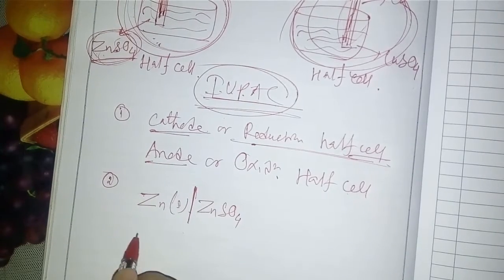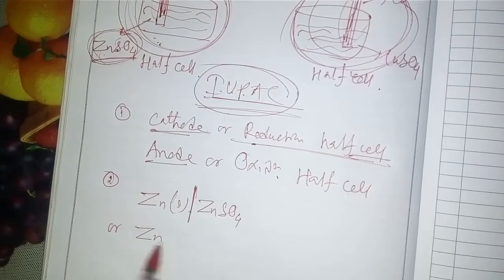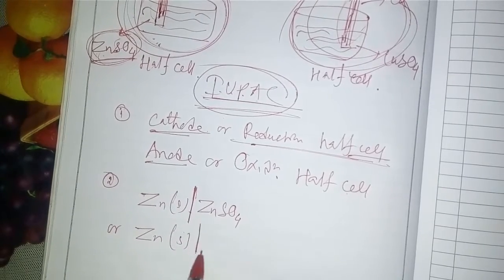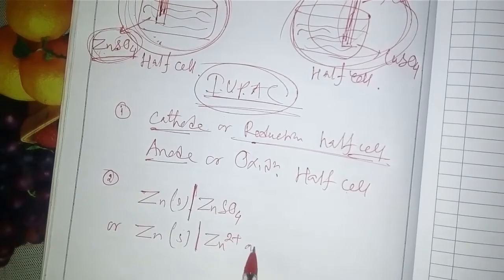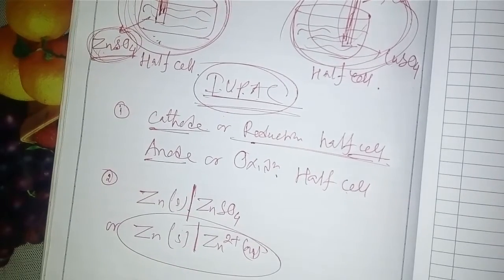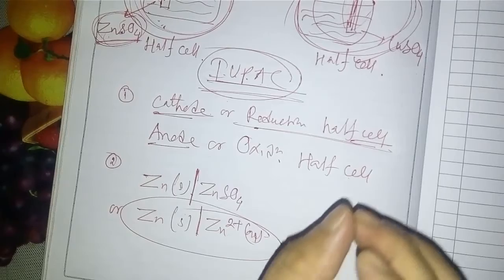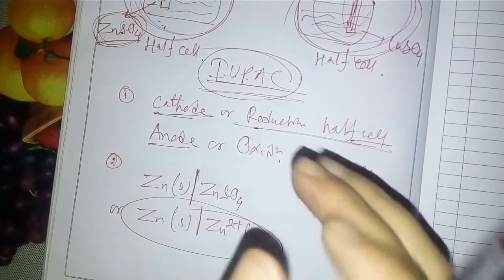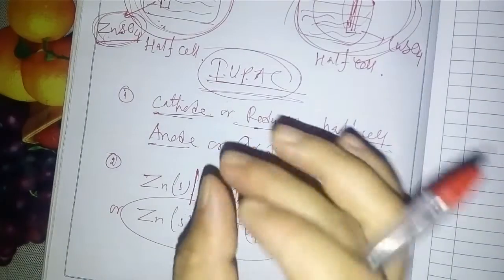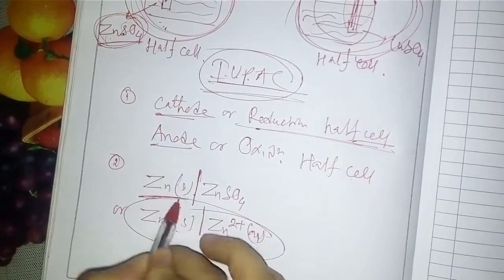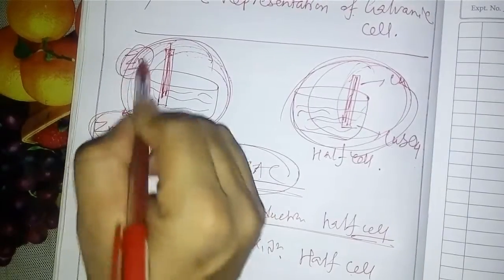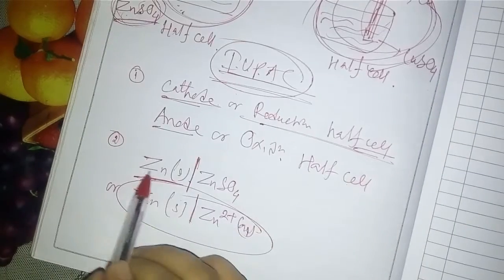Or you can write it like this also: Zn changes to Zn2+ in aqueous medium. This is point number 2. What is it? The symbol of the metal, this electrode, is written first.